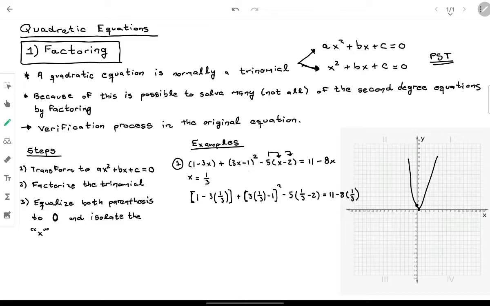So let's see. It's going to be 1 minus 1 plus, here it's going to be 1 minus 1, all of it squared, minus 5 that multiplies, here it's going to be 1/3 minus 6/3 equals 11 minus 8/3.